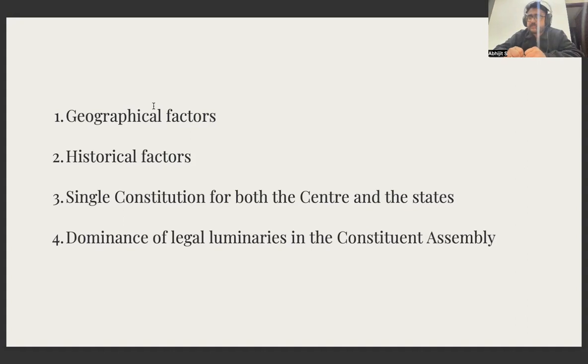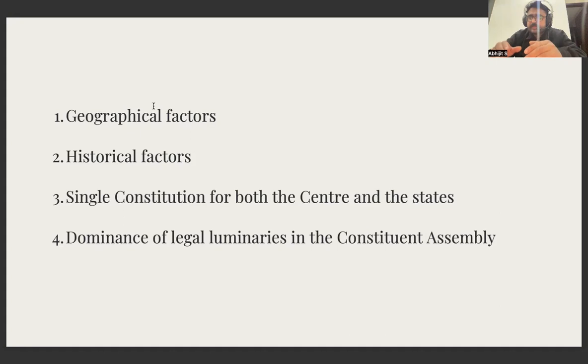Why historical factors? Because the Indian constitution was primarily based on the Government of India Act of 1935, which was already a fairly big, bulky document.